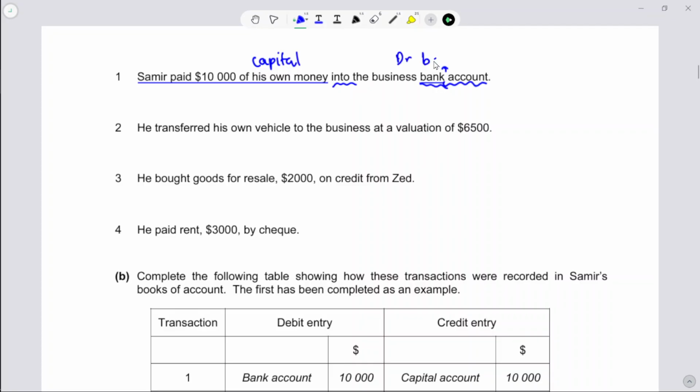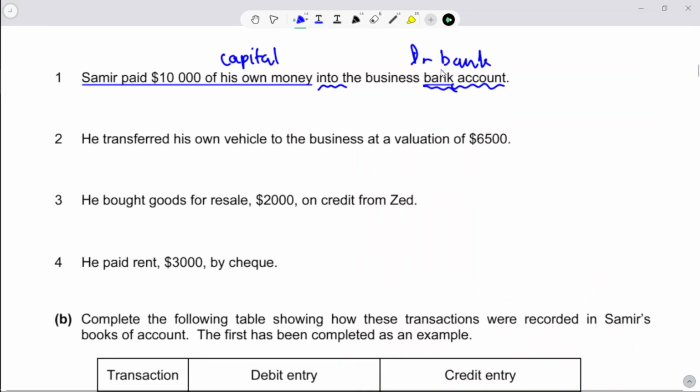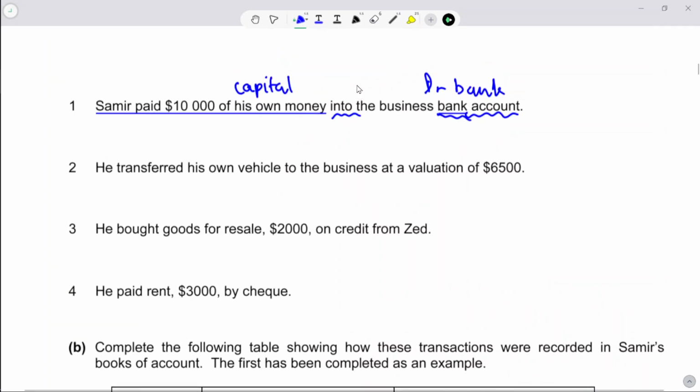So debit bank. So another will be credit. Let's go to next line.